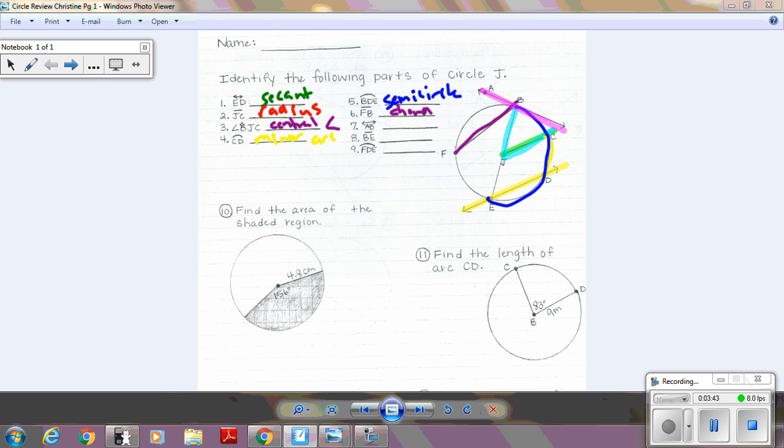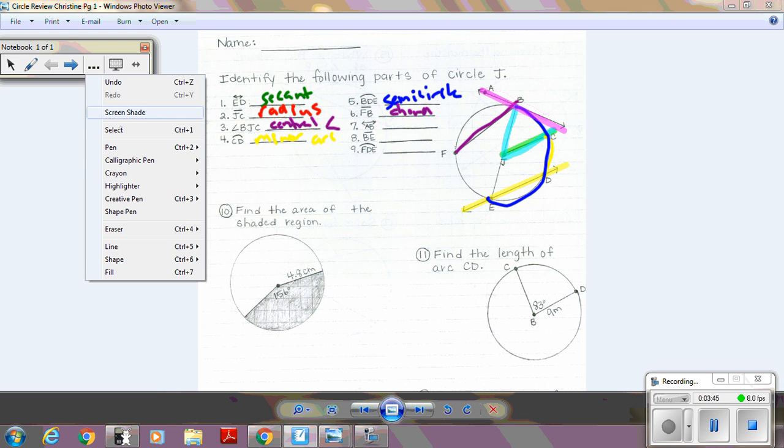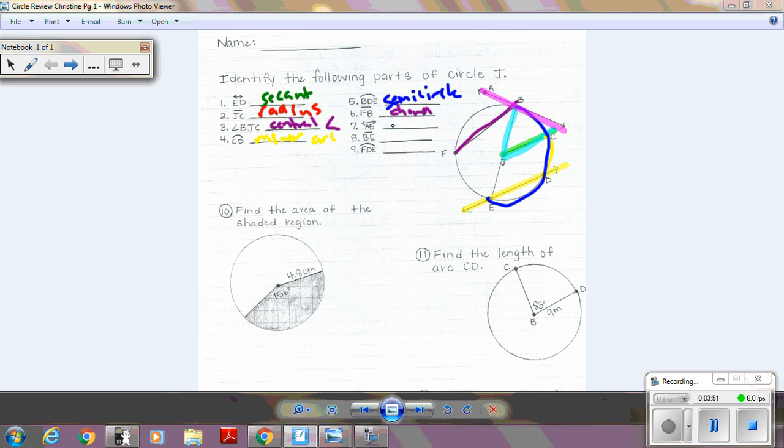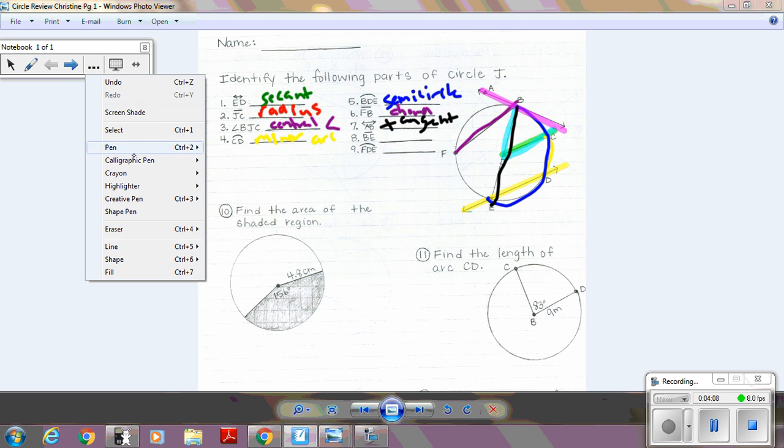Line AB touches the circle only once at point B. So line AB is a tangent. Line BE, we already somewhat discussed. Since it goes through the center and goes edge to edge like a chord does, it is the diameter.